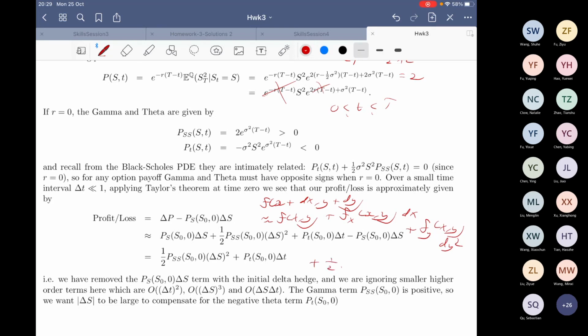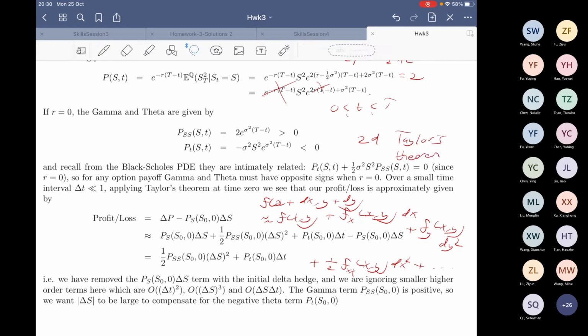So if we're going to higher order, there's dx squared, and this goes on, and there is also a mixed partial derivative and a dy squared. As I said, I'm just using the two-dimensional version of Taylor's theorem.